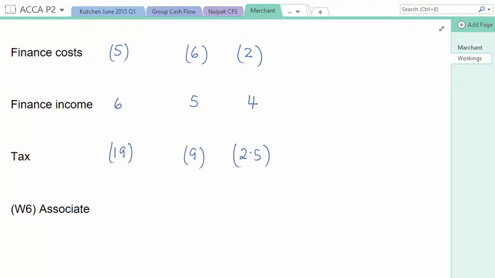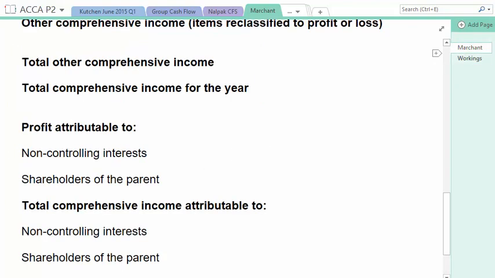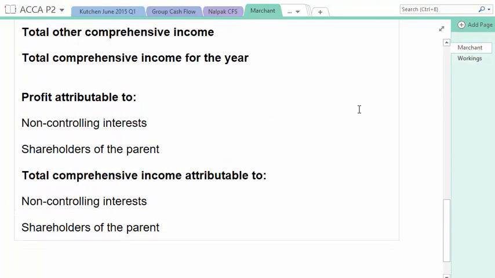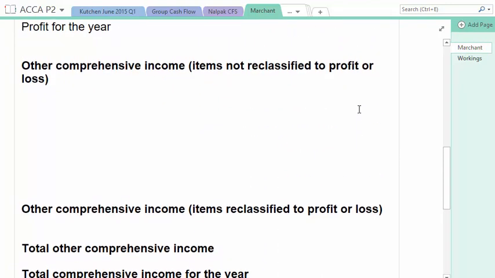So we've now included all of the expenses. And also notice that we have some other comprehensive income in respect of the parent company, items that will not be reclassified to profit or loss. So I'm going to go to the face of the answer here, and I'm splitting my other comprehensive income between those which are not reclassified to P&L and those which can be reclassified to P&L.